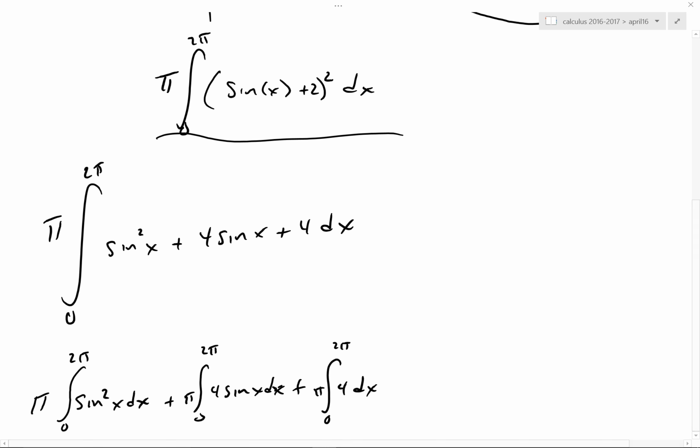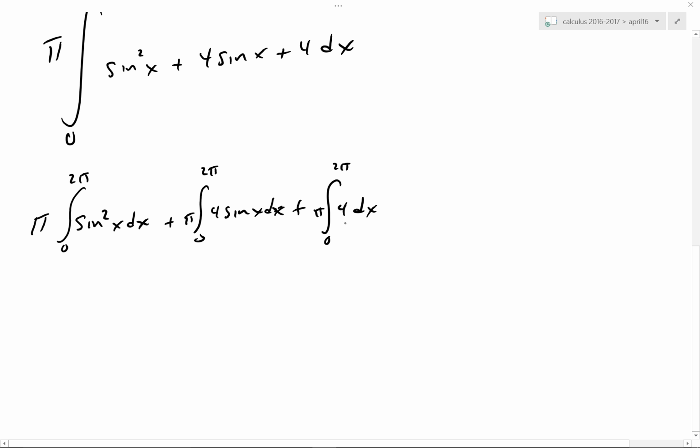All right. So what is the antiderivative of 4? 4x. Yes, of course it's 4x. That's right. And I put the pi right there with it, from 0 to 2 pi.